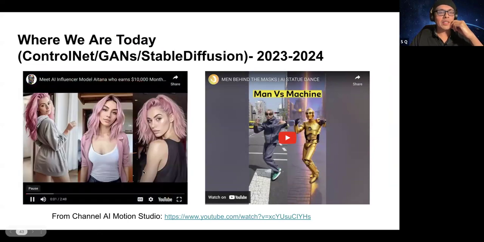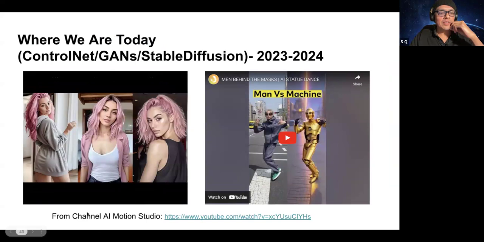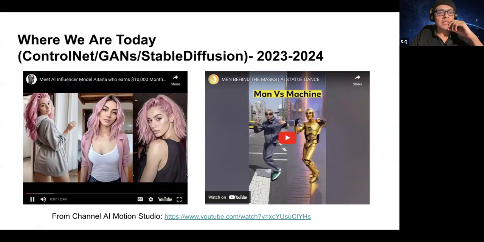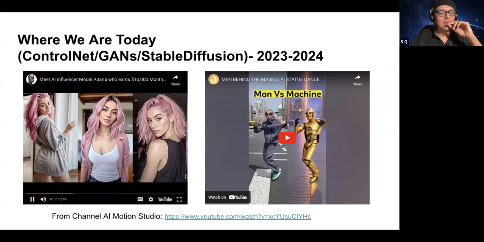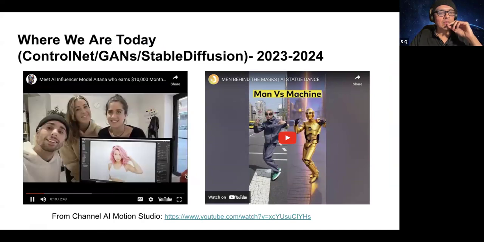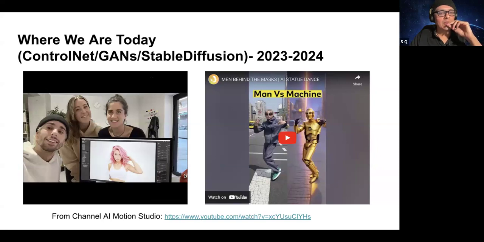Hello, everyone. Today, we're going to talk about a fascinating development in the influencer marketing world. Meet Aitana, Spain's first AI model, who is not just turning heads, but also generating a significant income of up to $10,000 a month. Aitana is a 25-year-old pink-haired woman from Barcelona. But here's the catch. She's not real. She's an AI model created by a Spanish design agency named The Clueless.